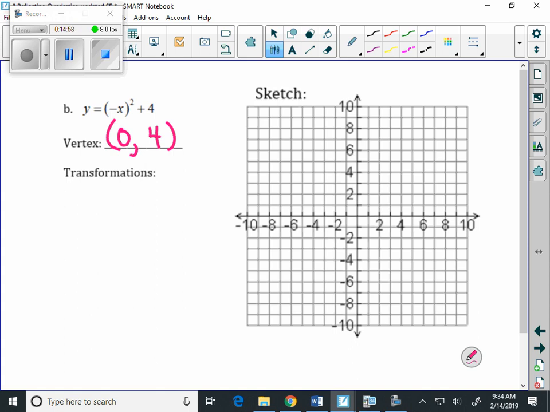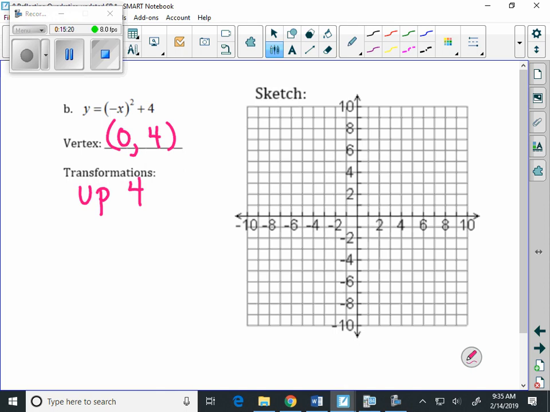And if you're struggling with that, that's when you might want to type in the calculator and go, oh yeah, that makes sense. Especially if you're taking a quiz or a test. Type it in. We're not taking the calculator out of your hands yet. When we look at the transformations, what this means is that we're going to go up 4.